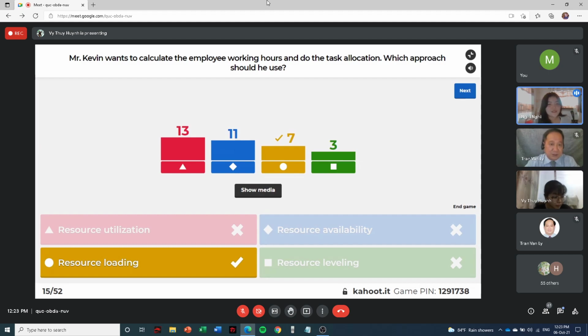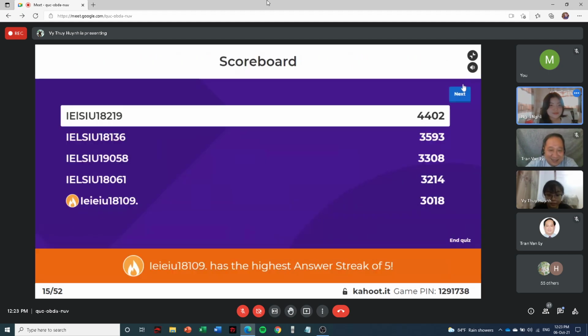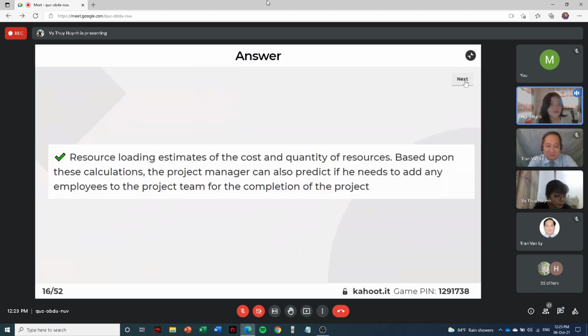Congratulations to the 4 people who got it right. Yeah, that I say, we never know who's going to get the points until the last question, right? So resource loading estimates the cost and quantity of resources. Based upon the calculations, the project manager can also predict if he needs to add any employees to the project team for the completion of the project.